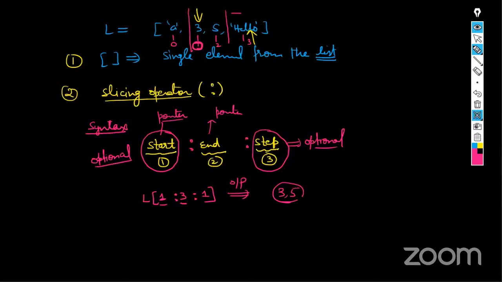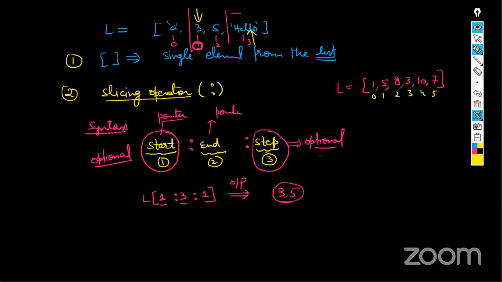Okay guys, let me take one more example and things will be clear. Let's say list is equal to 1, 5, 8, 3, 10, 7. So there are the 0th location, first location, second location, third location, fourth location, fifth location.